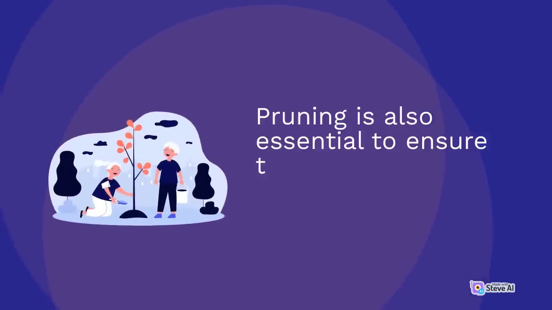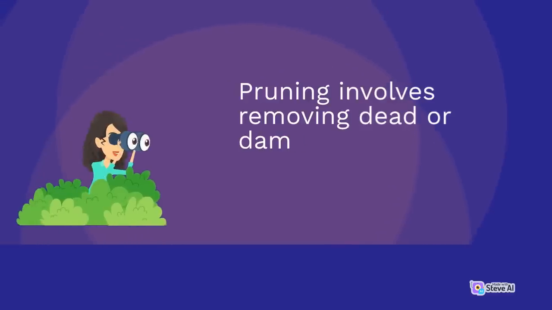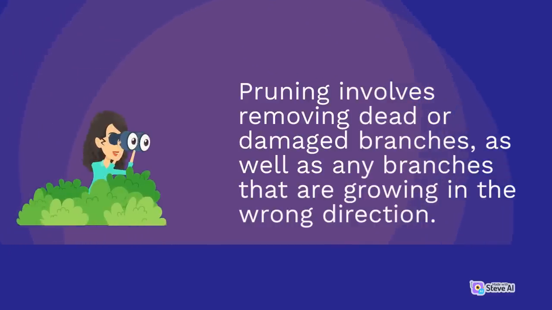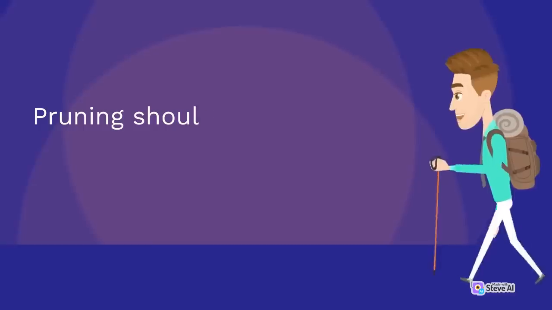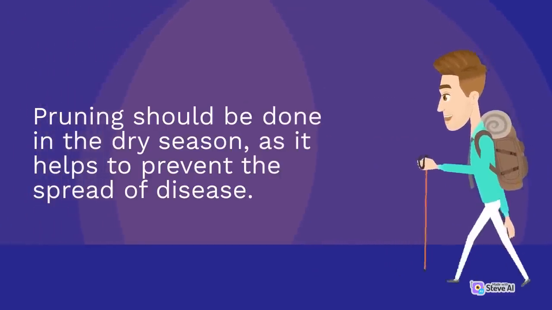Pruning is also essential to ensure that the rubber tree grows properly. Pruning involves removing dead or damaged branches, as well as any branches that are growing in the wrong direction. Pruning should be done in the dry season, as it helps to prevent the spread of disease.